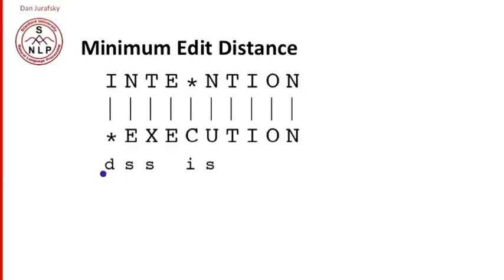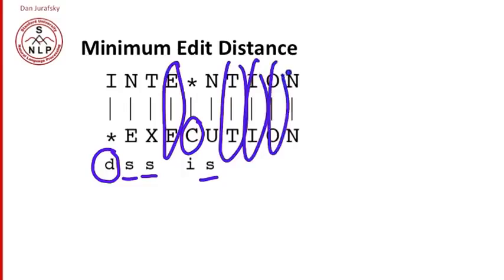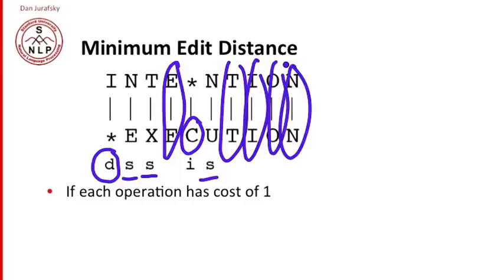To turn intention into execution, we have to delete, D for delete, an I. We substitute an N for an E, substitute a T for an X, insert a C, substitute an N for U, and the rest of the letters, the E, T, I, O, N, are all the same. So the edit distance, if each operation costs 1, is 5. We had to do 5 things to turn intention into execution.